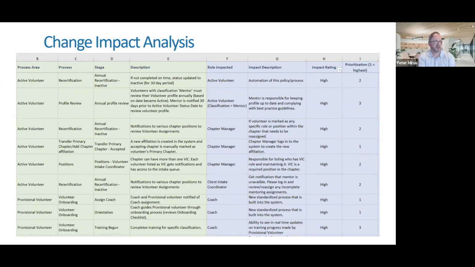And then it identifies the impact in the blue background fields there to the right. So what role is impacted, what's the description of that impact, and to what degree. So this was customized to the needs of this particular client and project.